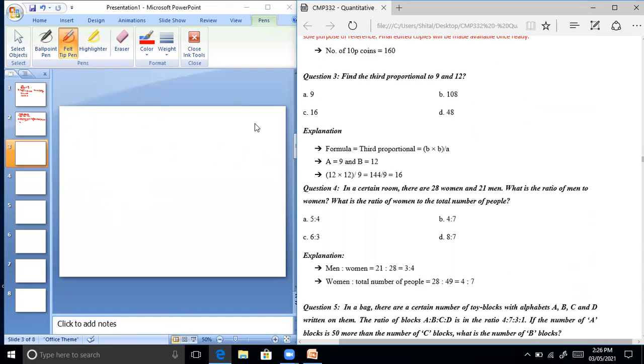Find the third proportional to 9 and 12.